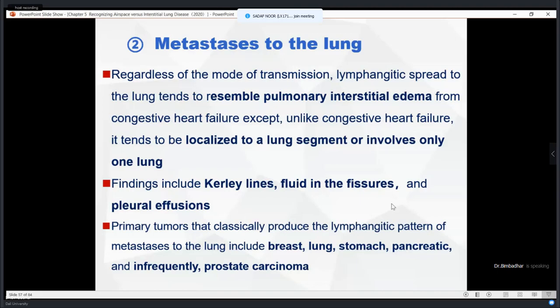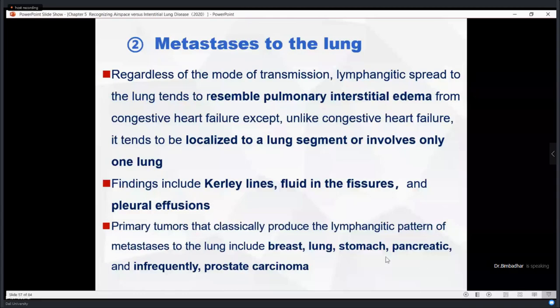What are the most common diseases? What are the reasons for metastasis? This is an important question. What are the pathologies associated with metastasis of the lungs? What are the primary diseases for metastasis to the lung? Breast cancer, stomach cancer, pancreatic cancer, prostate cancer, soft tissue cancer, and malignant melanoma are the common ones.